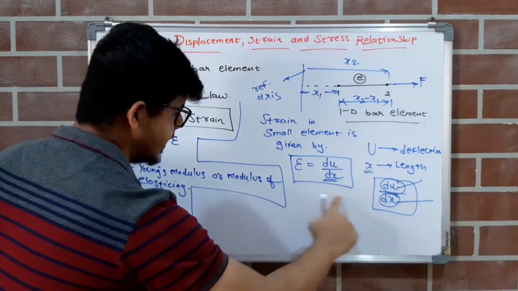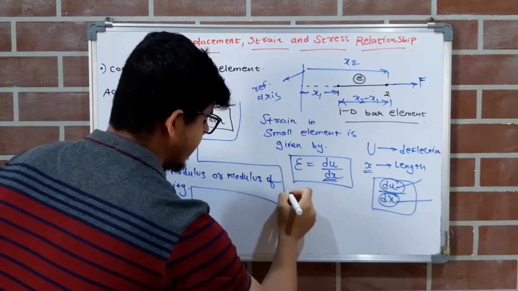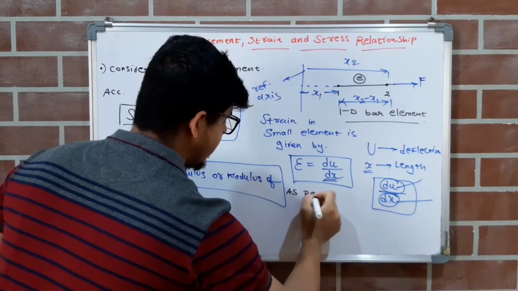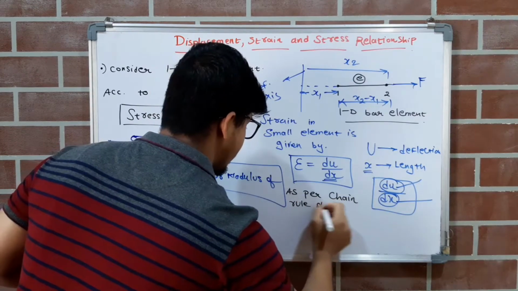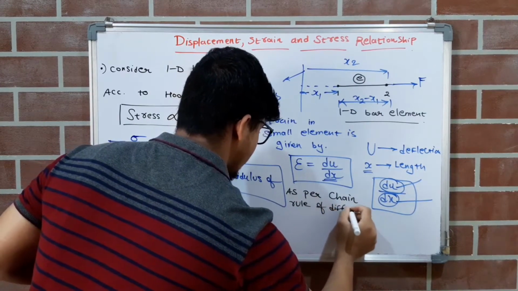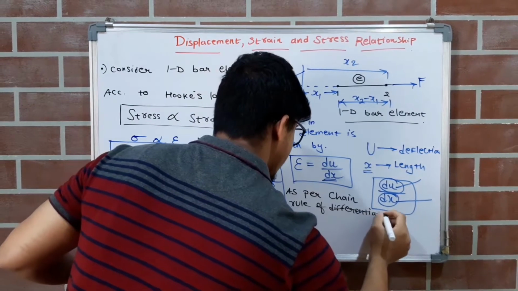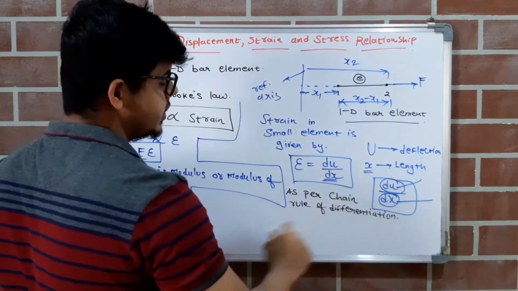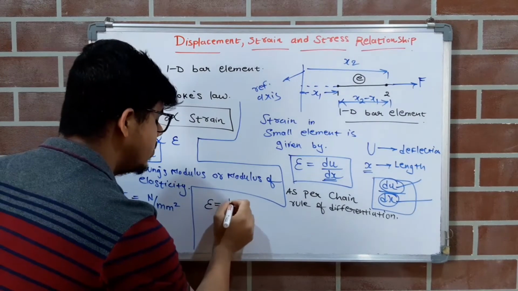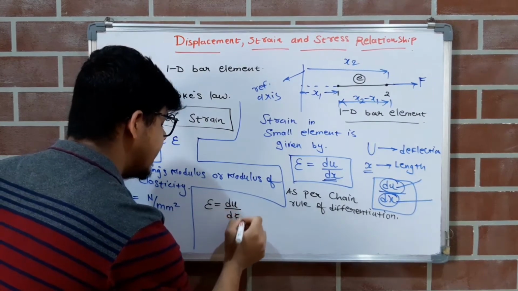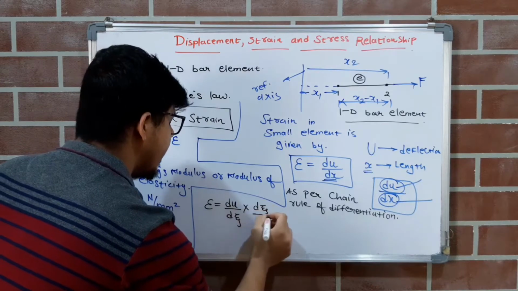Now after this equation, as per the chain rule of differentiation, this equation can be given as du by dzeta into dzeta by dx.